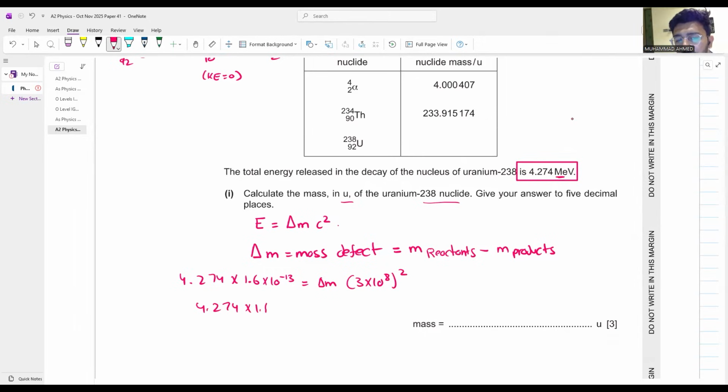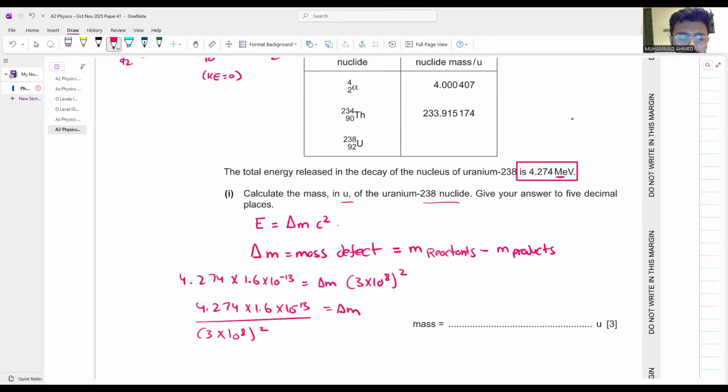So 4.274 × 1.6 × 10 raised to the power of minus 13 divided by what? 3 into 10 raised to the power of 8 का whole square. Can you calculate the mass defect? बेटा mass defect निकाल सकते हो? जी सर.